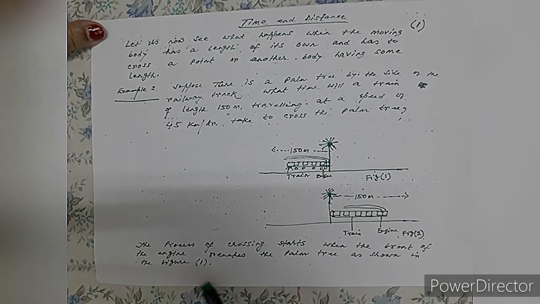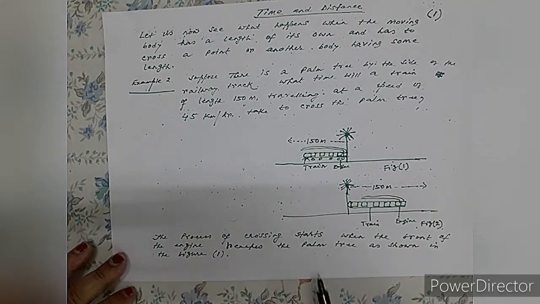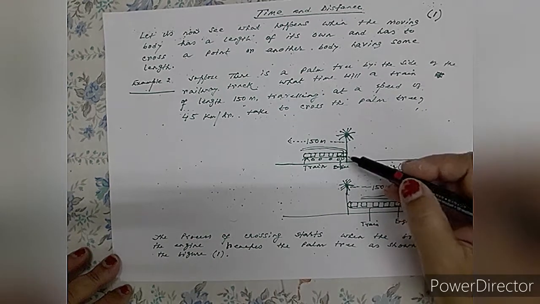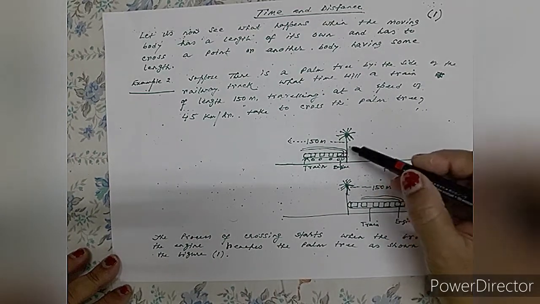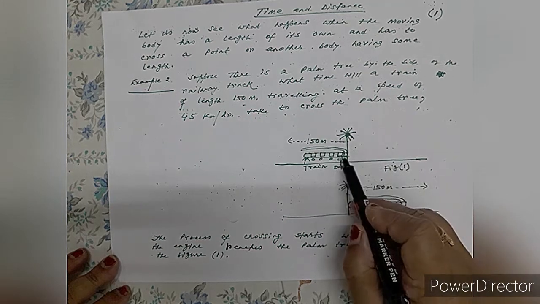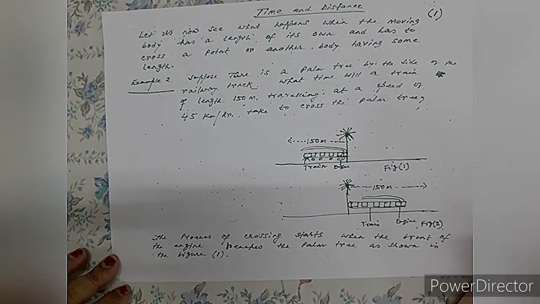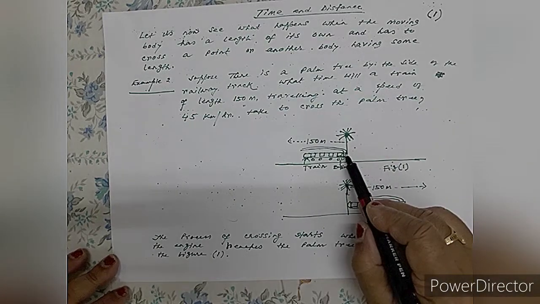Now see, this is the process. The process of crossing starts when the front of the engine reaches the palm tree, as shown in figure 1.